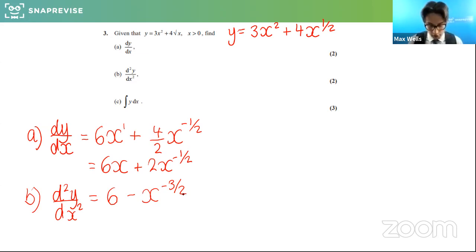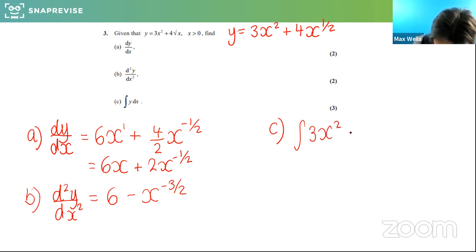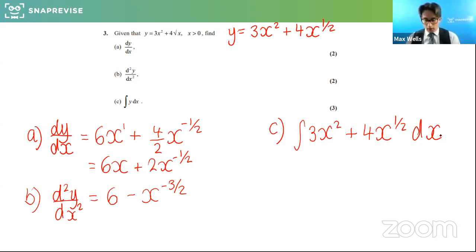That's the differentiation done. Part C, we're going to look at integrating. So integrating y, integrating 3x squared with respect to x. That's good. And we should recognize integration as the reverse process of differentiation. So for this, you add 1 to the power and divide by the new power.